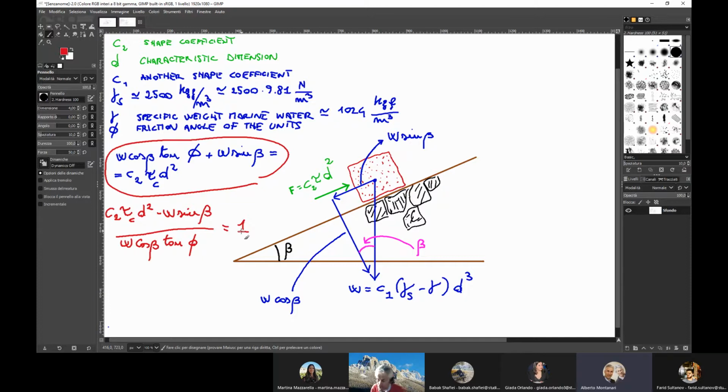This is the condition that I want to study. It's an equilibrium condition, and we can call it the condition of critical equilibrium. This is what I want to study.